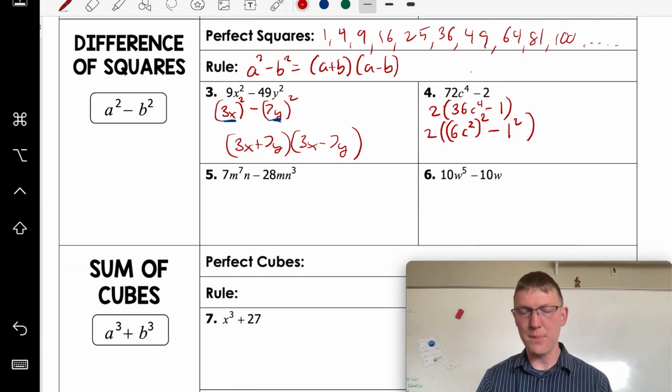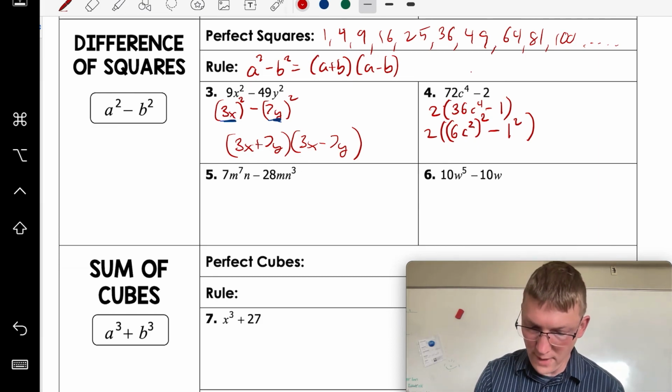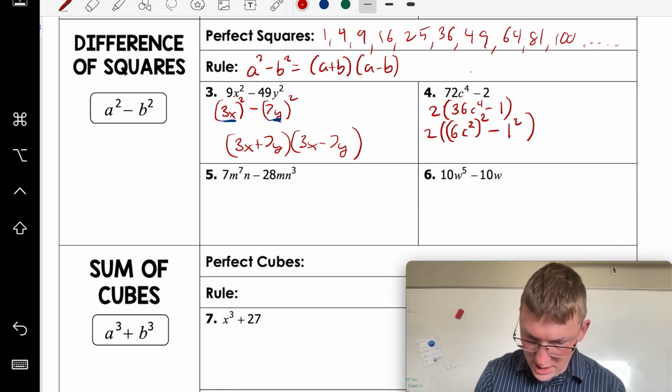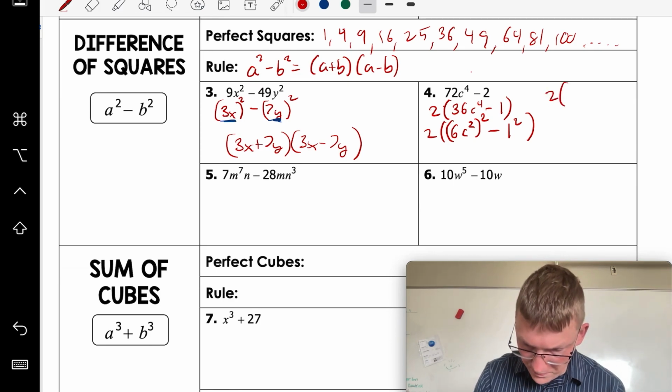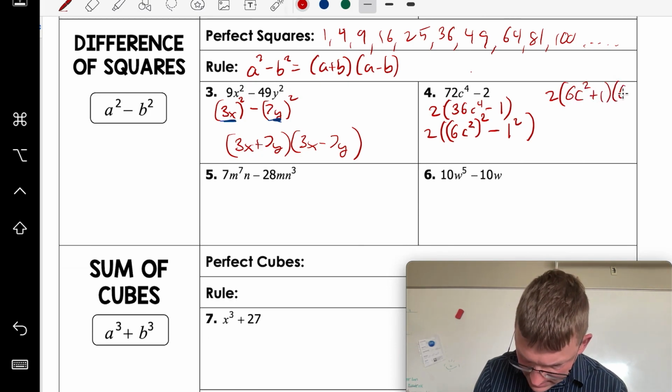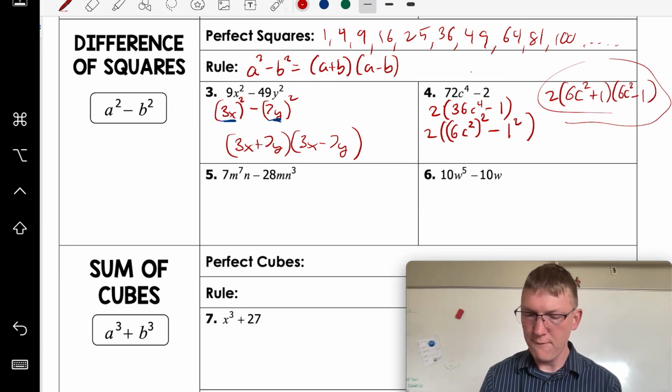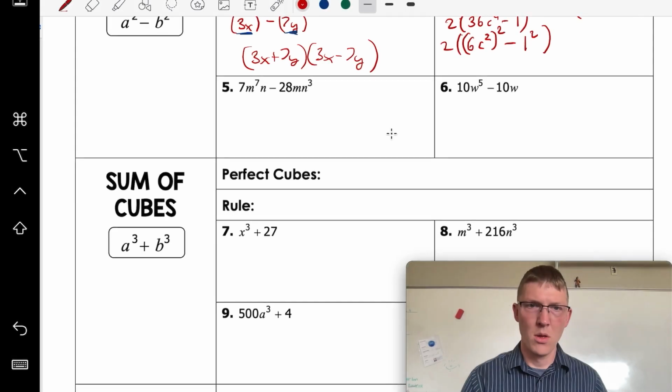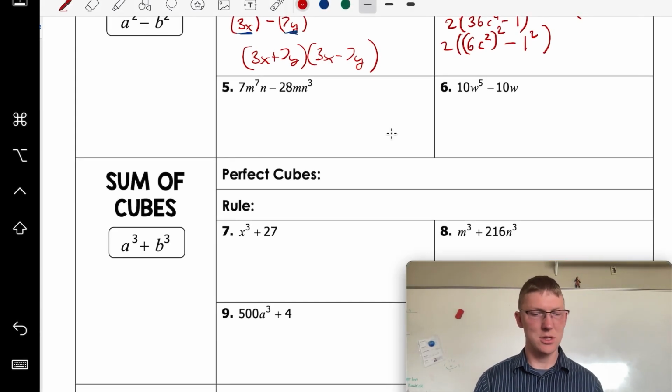And again, it's very clear which ones are a, which ones are b. So our final factored form is 2, don't lose the 2, (6c squared plus 1)(6c squared minus 1). Factored.